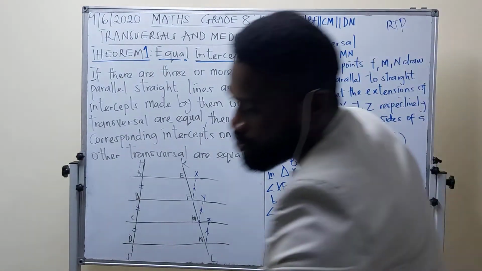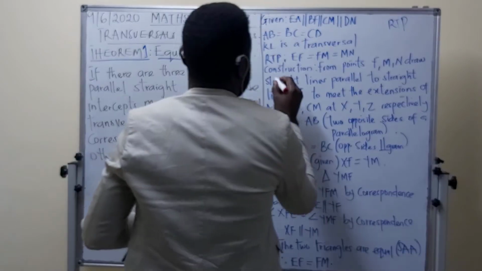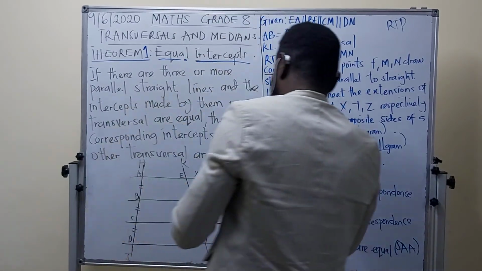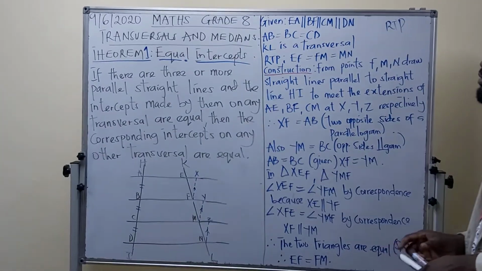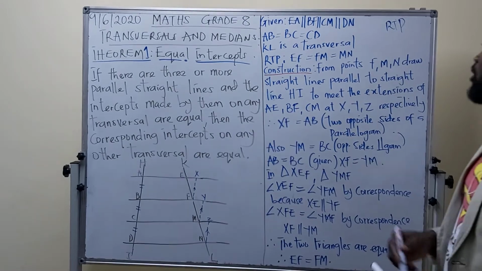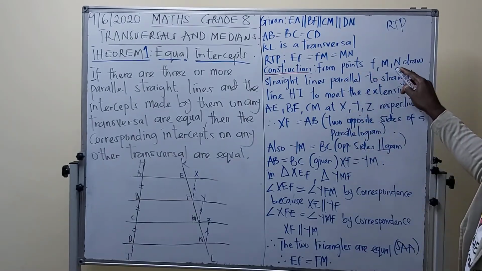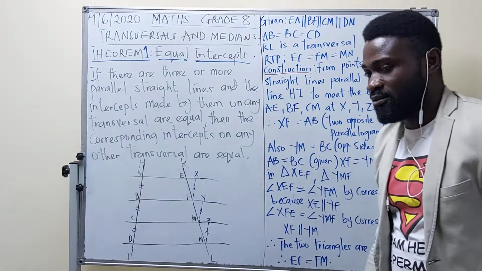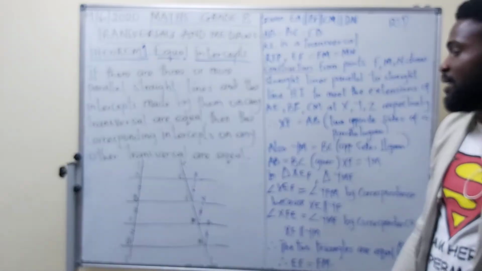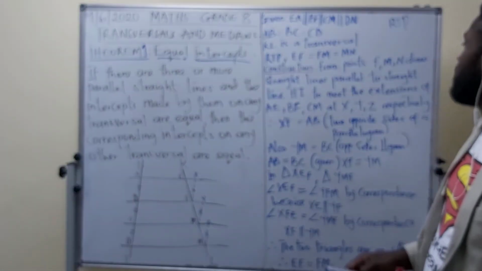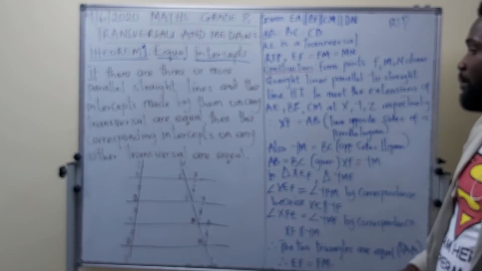Now, by construction, don't forget when you are dealing with proof, you always construct from points F, M, N. Now, where are these points in this diagram?